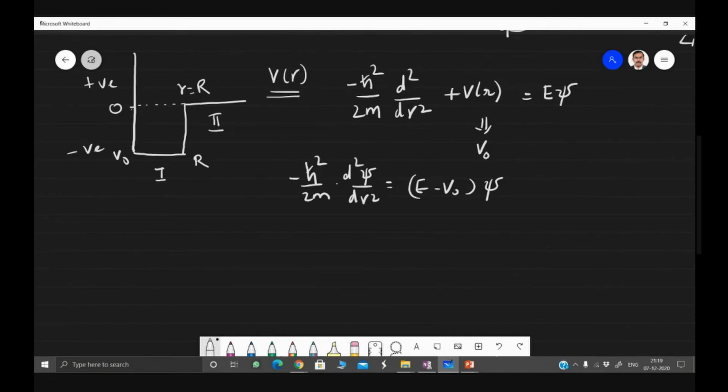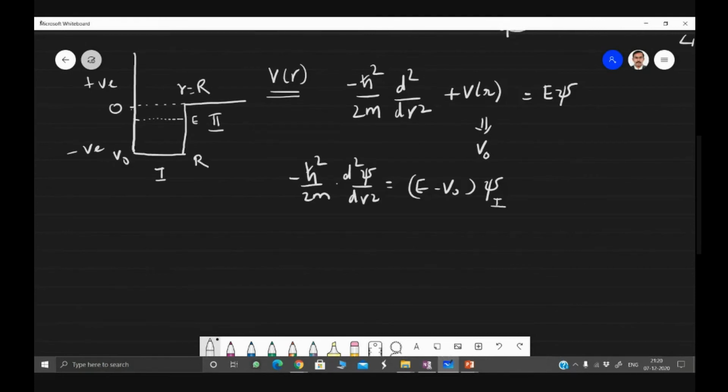Hence we can indicate the associated wave function in region 1 by the subscript I. So in region 1, the wave function is denoted with the subscript capital I. Okay, obviously the magnitude of V naught will be greater than the value of E, and the value of E is nothing but the energy which binds the nucleons, which is somewhere here.